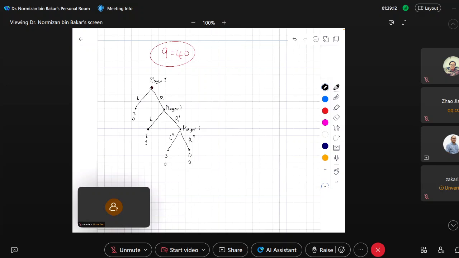So in this game, the option that player one has is to choose L, since it is known that player one will choose this one, 0 2, the best option that we have. Of course player one chooses 3.